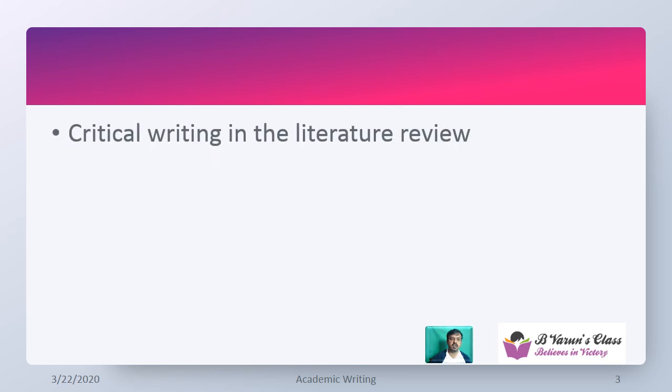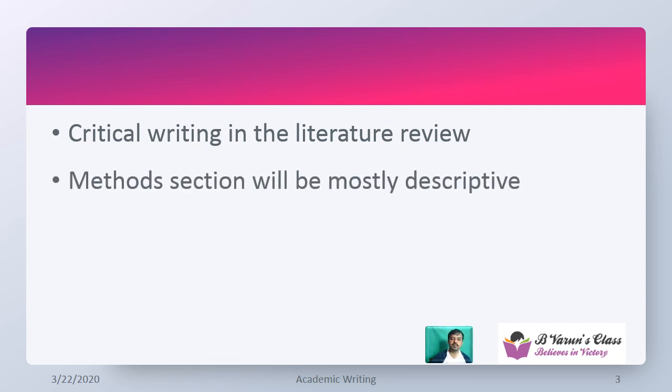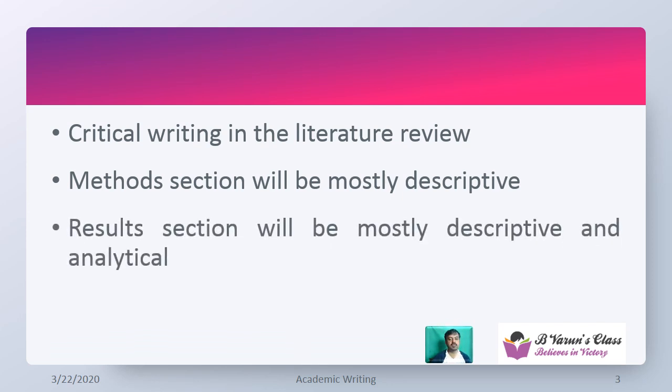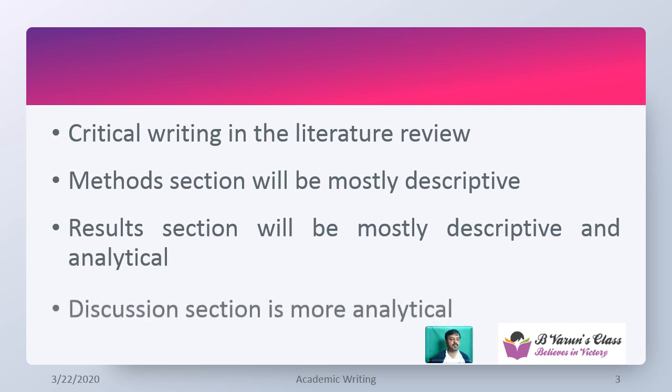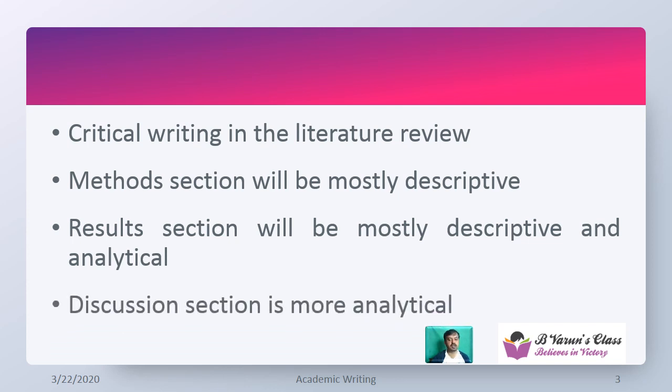For example, in a thesis, we are going to use critical writing in the literature review. In the method section, we are using mostly descriptive. In the result section, we will be mostly concentrating on descriptive as well as analytical. And on the discussion side, we are going to be more analytical.